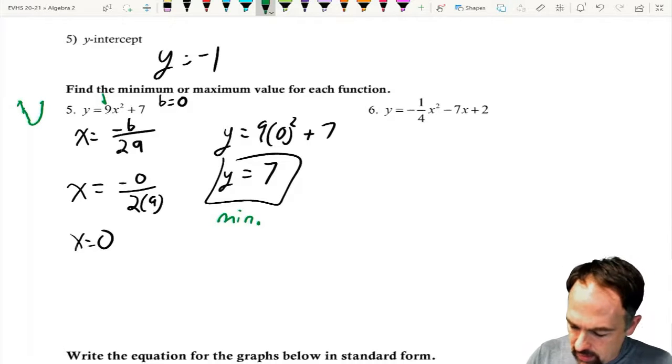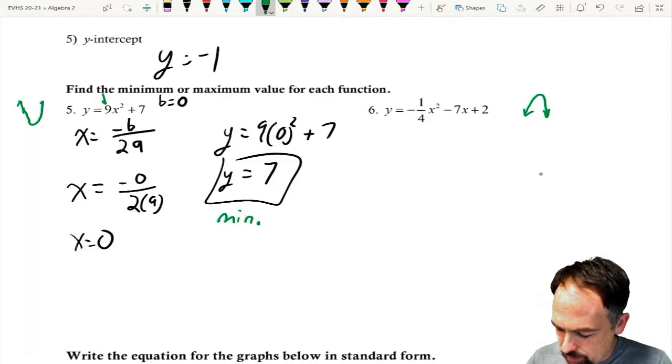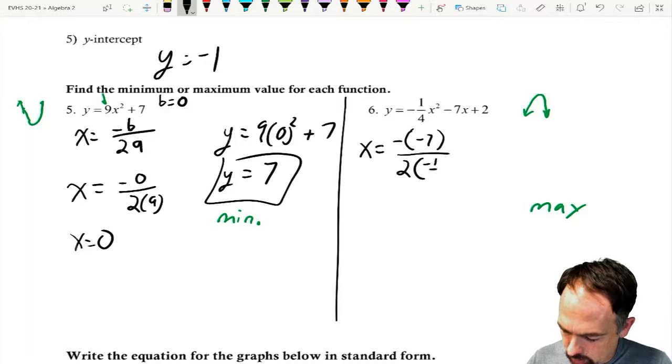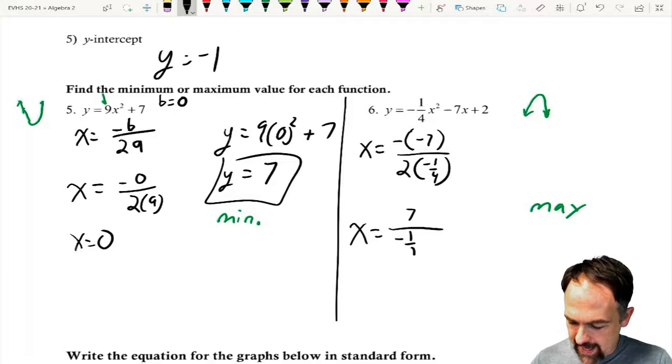On this one over here, the a value of negative 1/4 means it's opening down, so this is going to be a maximum value. Let's find our axis of symmetry. X equals negative b, which is negative 7, over 2a, which is negative 1/4. So that's positive 7 over 2 times negative 1/4, which is negative 1/2.